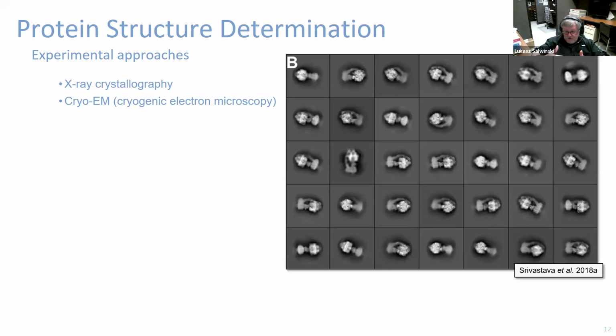So then the program takes all of those and tries to build a three-dimensional model that, if you take pictures from different orientations, will regenerate all those images that were collected.